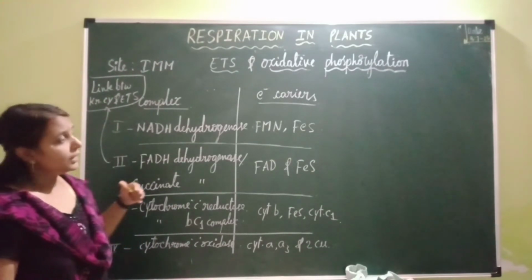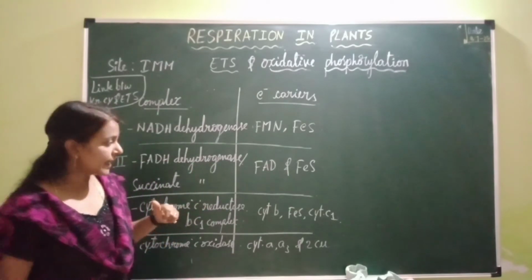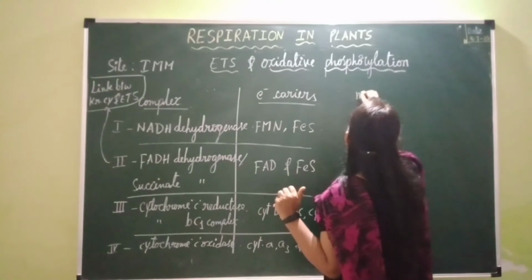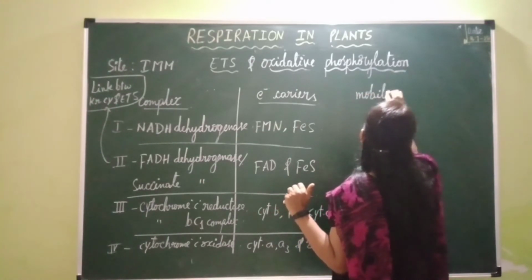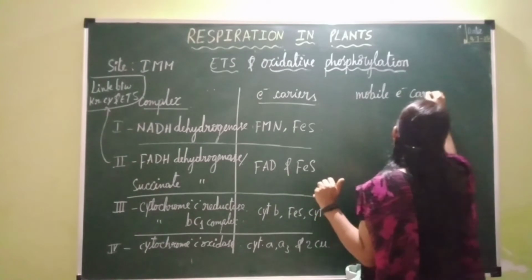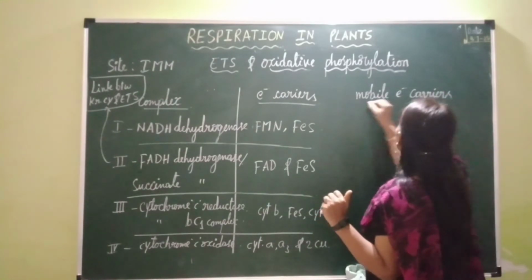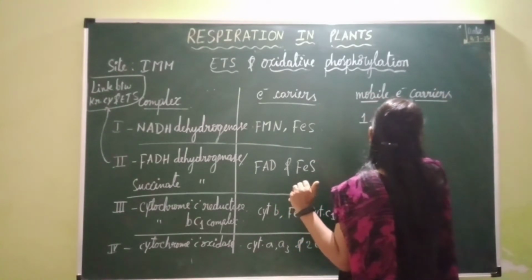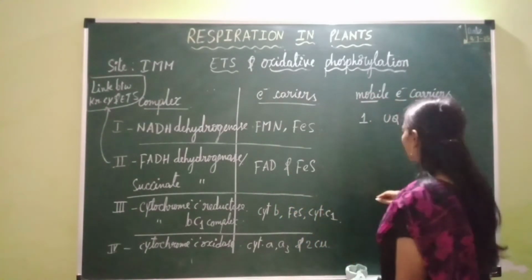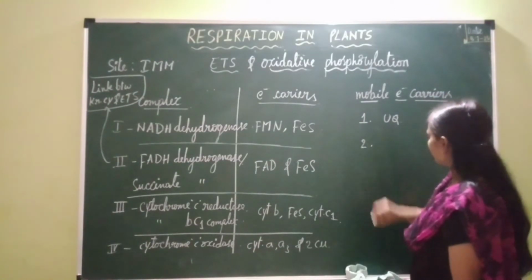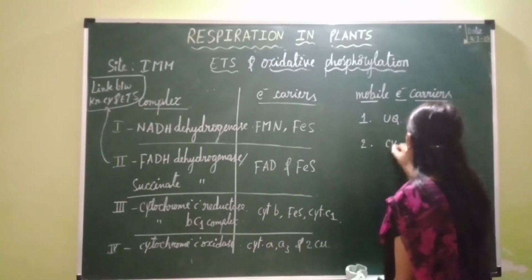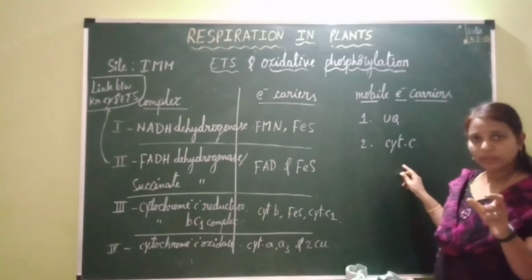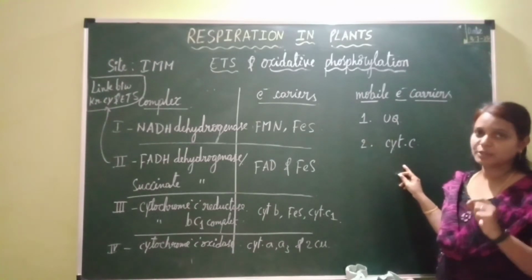Now I will give you some more electron carriers which are associated with this ETS. These are mobile electron carriers, and there are 2 of them. The first carrier is ubiquinone, and the second carrier is cytochrome C. Cytochrome C is a small protein which is attached to the outer surface of the inner mitochondrial membrane.